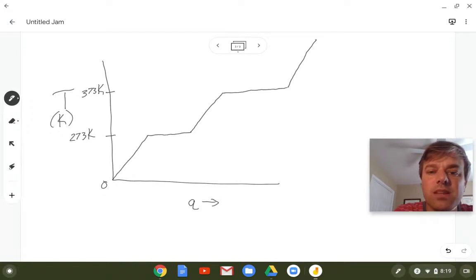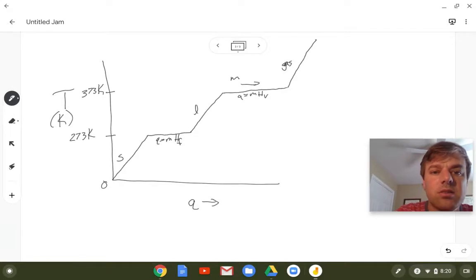So at this point along the curve, we're going to use Q equals M times HV, and down here, Q equals M times HF. So here we've got solid, liquid, gas. If we're going from left to right, this would be melting.